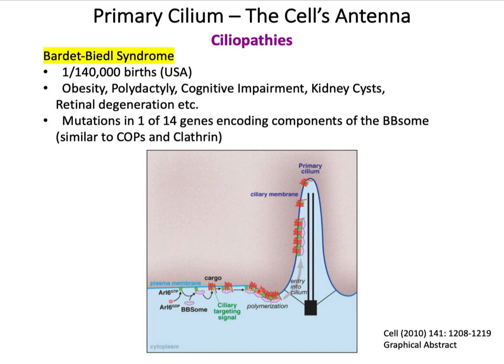So you can imagine that if you have a mutation in one of the genes that encode the components of the BBsome, and the BBsome is non-functional, you will not get the delivery of these receptors to the primary cilia, and these primary cilia will be non-functional. I think it's clear now why Bardet-Biedl syndrome is so severe, because the BBsome functions in so many different tissues, for example the kidney, the eye, the ear.